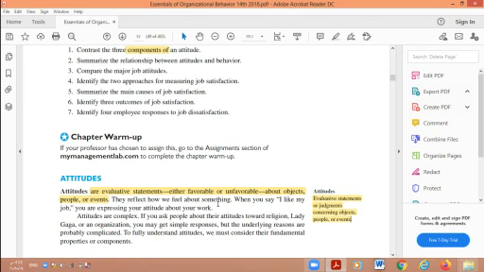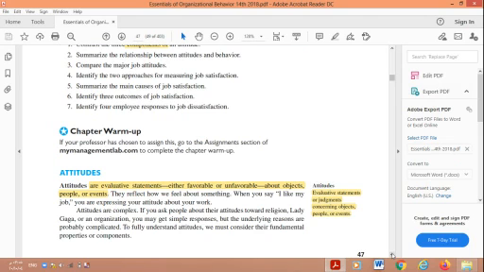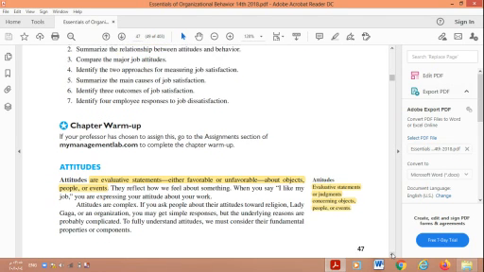For example, if we say that I like this person or I dislike this person, it means that your attitude toward this person is positive or negative. So you are expressing your attitude toward this person. When we talk about attitudes, we decide about things, whether it is positive to cope with or negative to be avoided.